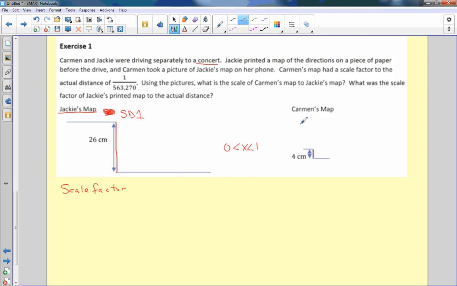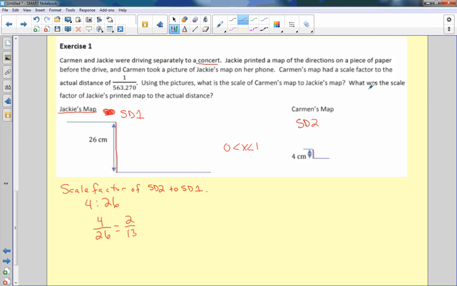And then Carmen took a snapshot, so this is scale drawing 2. It's a copy of the first scale drawing. So we want to know what the scale factor of scale drawing 2 to scale drawing 1 is. So scale factor 2 to 1 is 4 to 26, or we can write it as a ratio, 4 over 26. That reduces to 2 over 13.